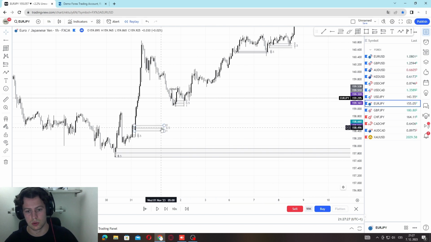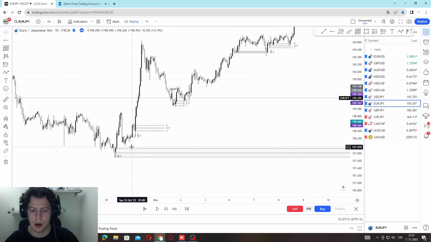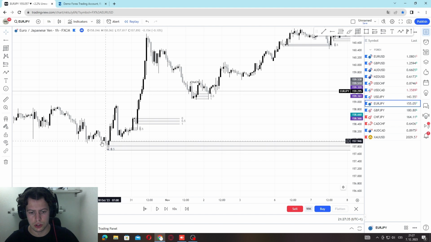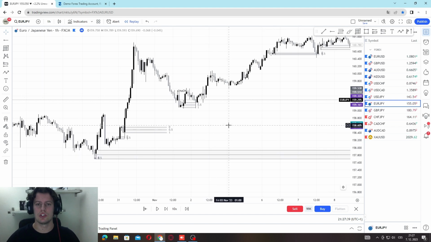So it's also this demand zone, but I also watched this demand zone. If you don't know which demand zone, we can discuss, it's debatable.